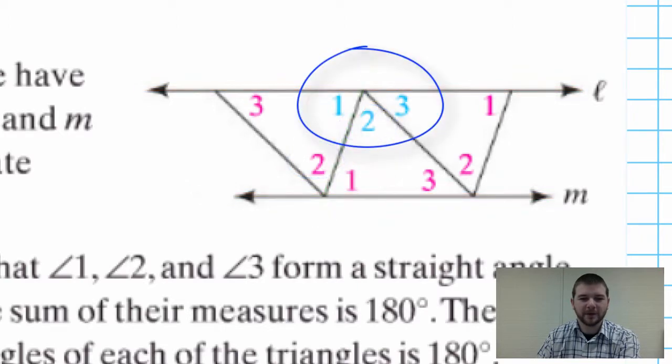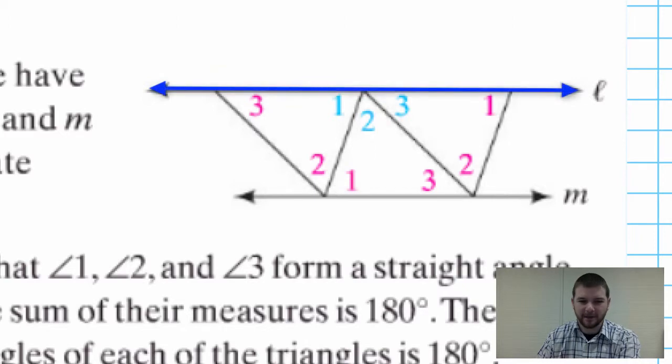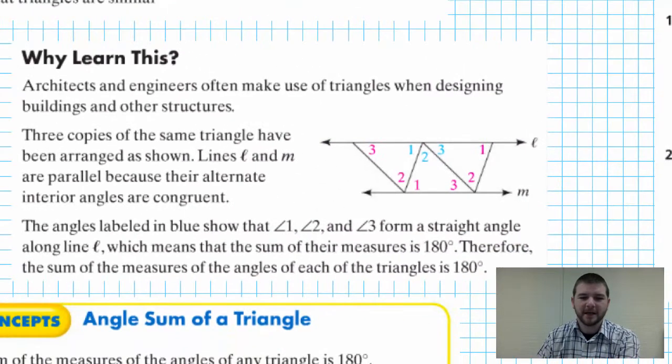The angles labeled in blue show that angle 1, angle 2, and angle 3 form a straight angle along line L, which means that the sum of their measures is 180 degrees. Therefore, the sum of the measures of the angles of each of the triangles is 180 degrees.